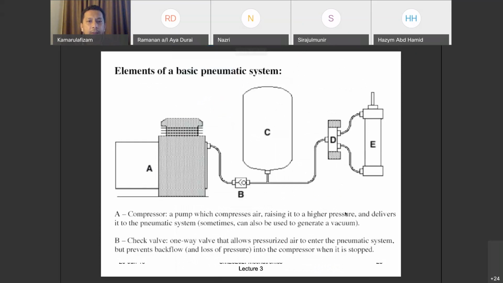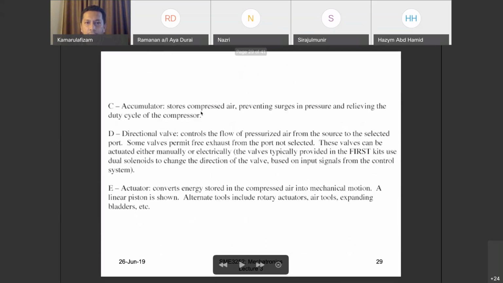Okay, the very basic element of pneumatic system: A, compressor, pump, compress air, naikkan dia punya pressure. And then B is a check valve ataupun one way valve to make sure that udara yang kita lepaskan ni dia tak patah balik dalam sini. And then C adalah accumulator, store compressed air, preventing surges in pressure and relieving the cycle of the compressor.